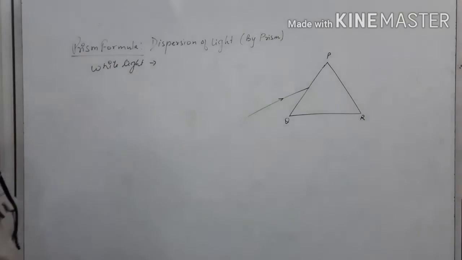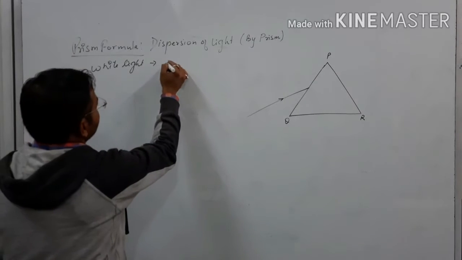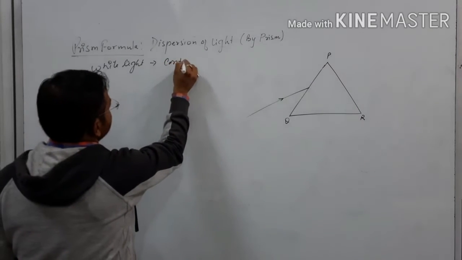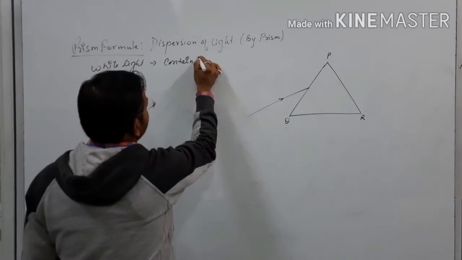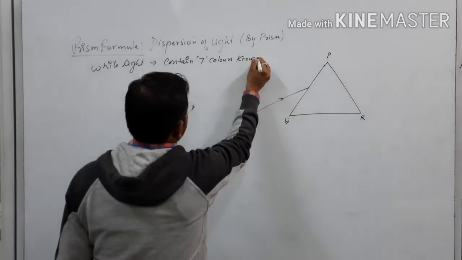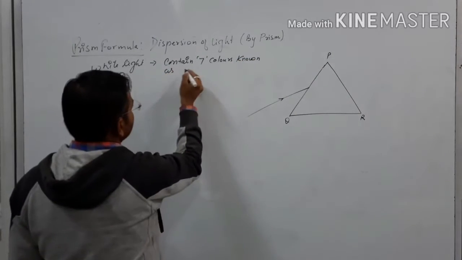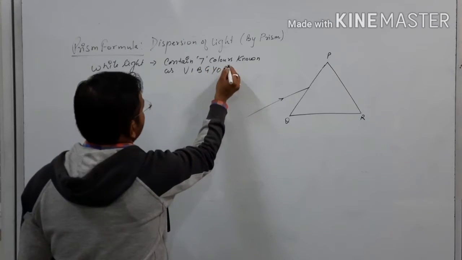The light coming from the source is white light, which contains seven colors in a visible pattern.